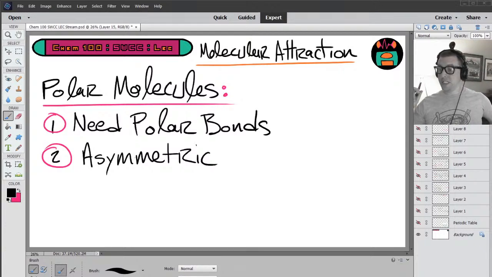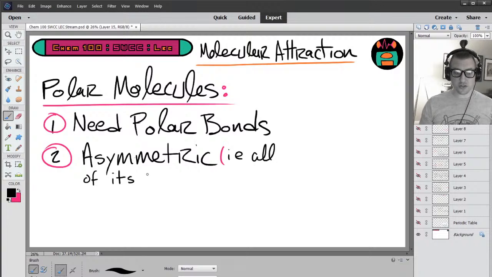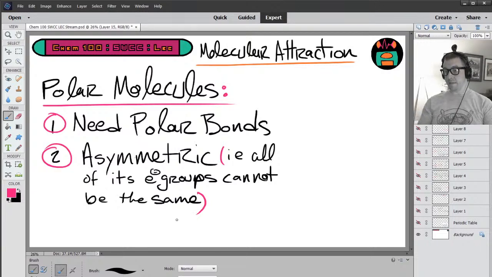Your molecule needs to have polar bonds and be asymmetric, i.e., all of its electron groups cannot be the same. At least one of them has got to be different.